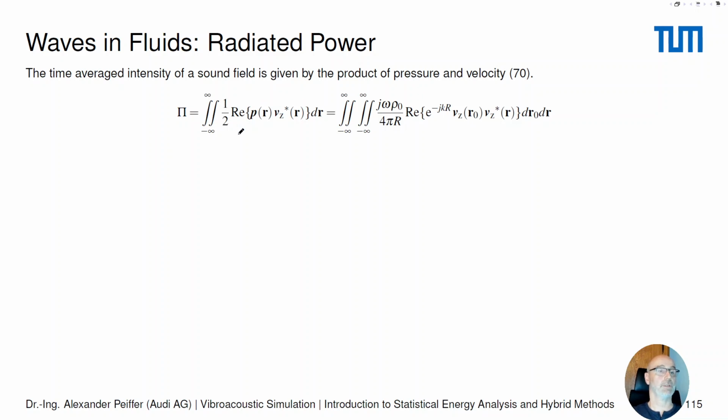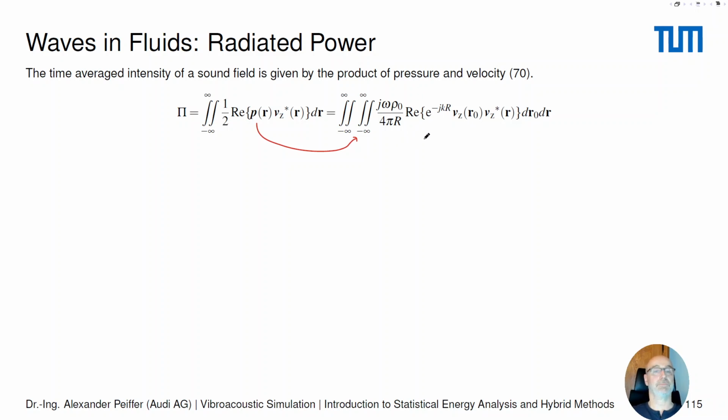To calculate the radiated power, we have to integrate over all our velocities and the pressure that is existing at the same position of this vibrating surface element. So that means this is our first surface integral. To calculate the pressure on this vibrating surface, we again have to replace this by a second integral. And this is our well-known Kirchhoff integral.